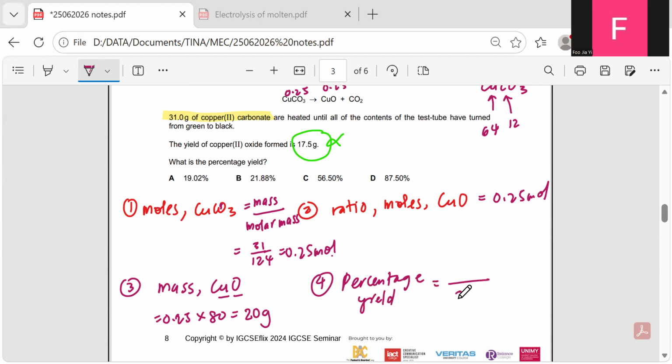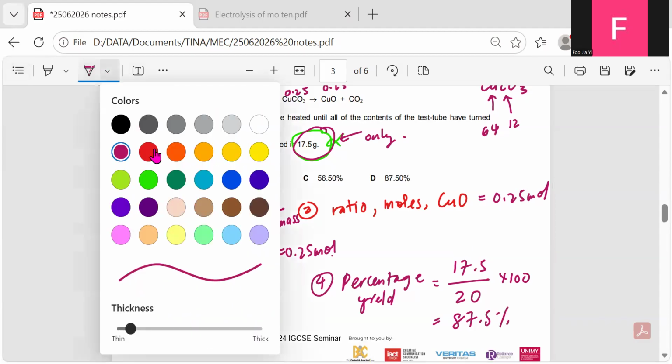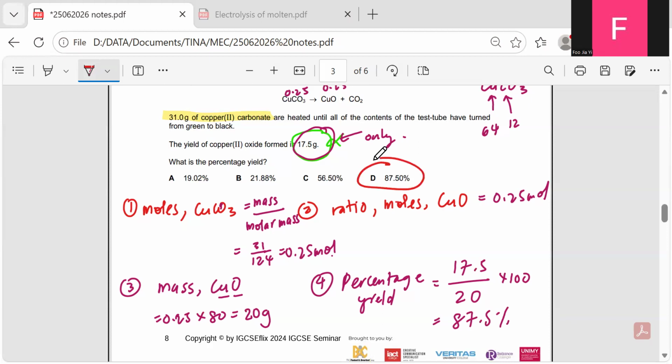I am supposed to get 20 grams, but in the question, I only got 17.5. It's like I'm supposed to get 20 ringgit, but I only got 17 ringgit. So you only paid me 87.5% of what I'm supposed to get. That is called percentage yield.